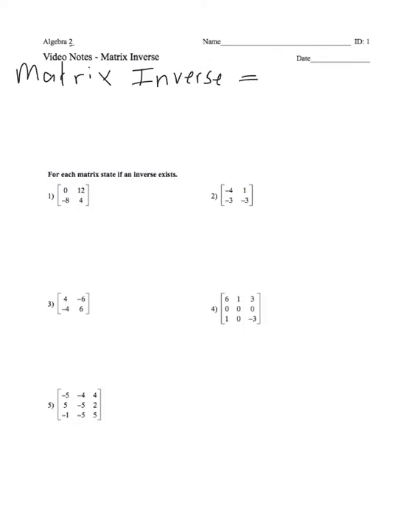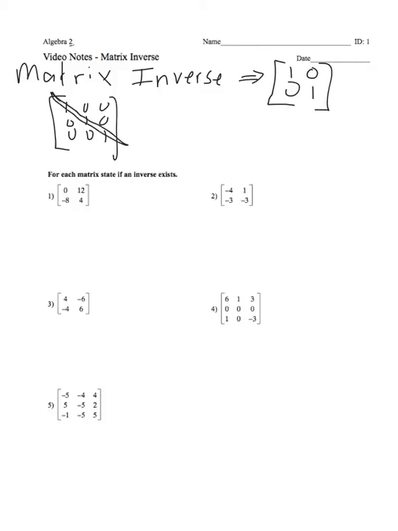A matrix inverse forces whatever matrix you had to go to the diagonal of 1s. If it's a 2x2, it'll look like that. If it's a 3x3, it'll look like this. A matrix inverse is forcing that diagonal right there to be 1.